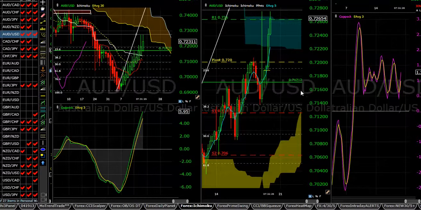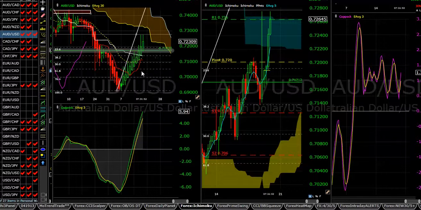So here on the Aussie, you can see that we're still showing bullish divergence here on the daily Kopit curve, and the 4-hour still kind of in and out, but still basically above the 4-hour 0 line right in here. So that bullish trend continues up so far, but we do have, again, overhead resistance in the Kumo, and Chiku is still not above the historical price curve. So still looking for resistance on this one.